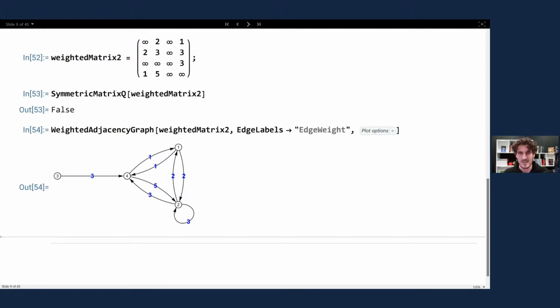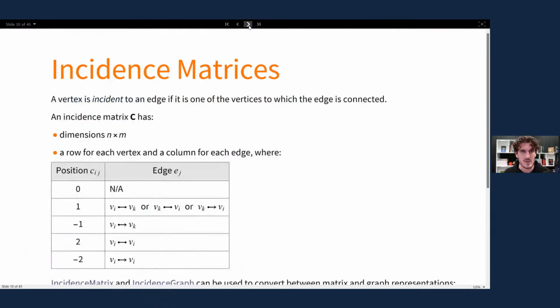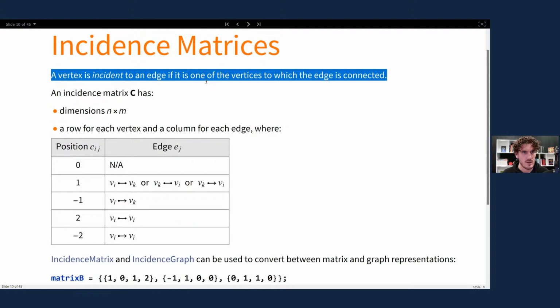Interesting. All right. We're going to look at a different type of matrix next, called an incidence matrix. Admittedly, I'm less familiar with these, but we have all the information we need here. A vertex is incident to an edge if it is one of the vertices to which the edge is connected.